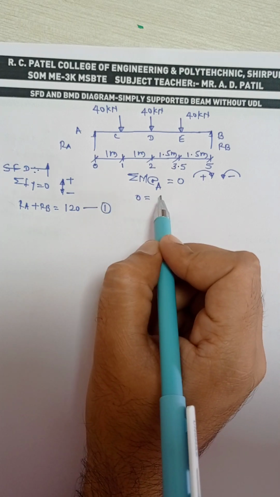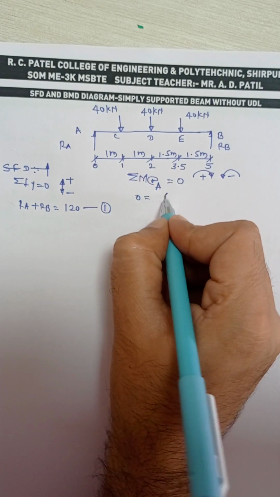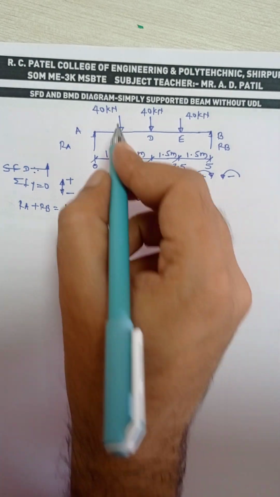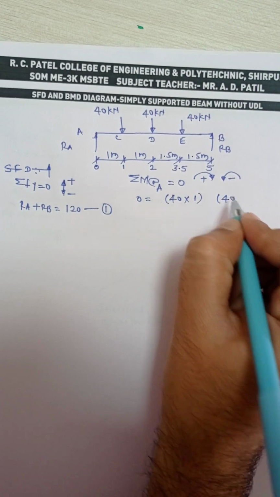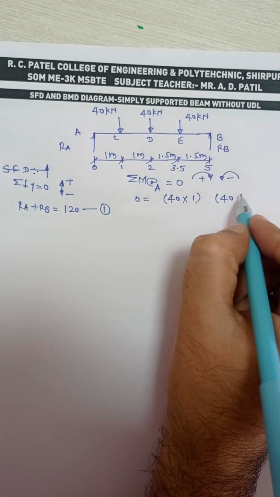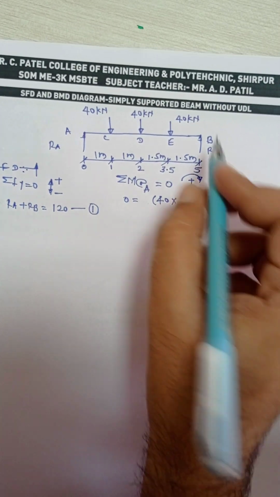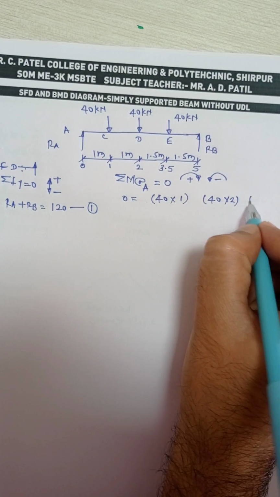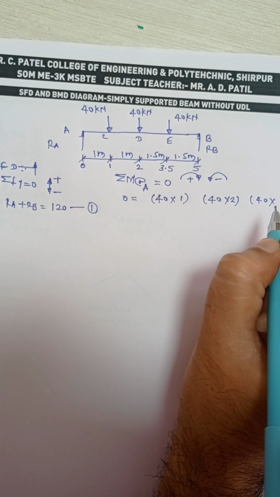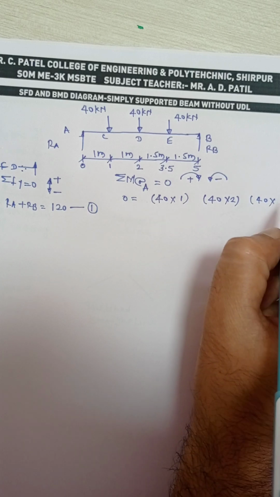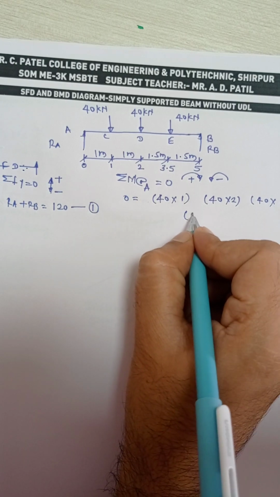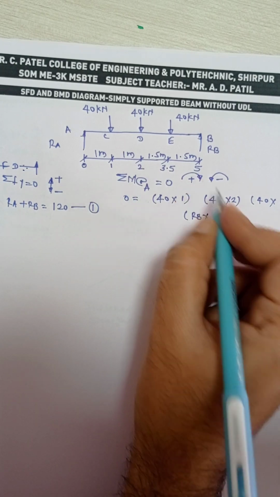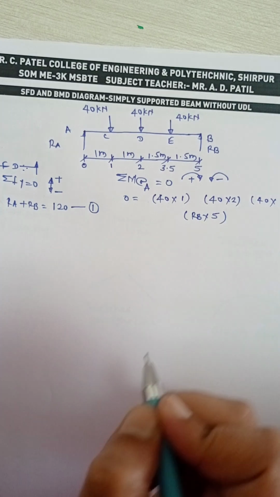So we are not writing it. Next is a 40 acting at a distance 1. Next is a 40 acting at a distance 2. Next is a 40 acting at a distance 3.5. Next is RB acting at a distance 5.